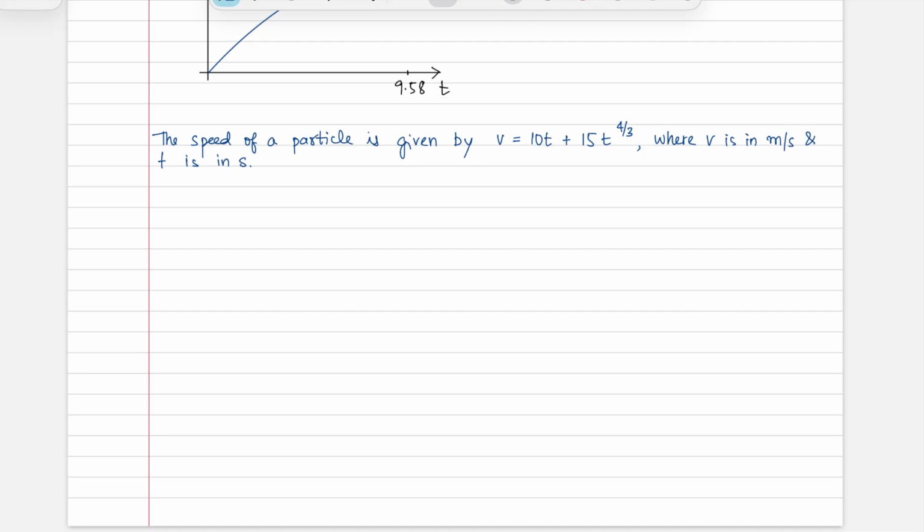If I forget to mention that, always take that as a default: velocity will be in meters per second, time will be in seconds. If at t equals 0, that is currently now, it is at the origin, where will it be in 8 seconds?